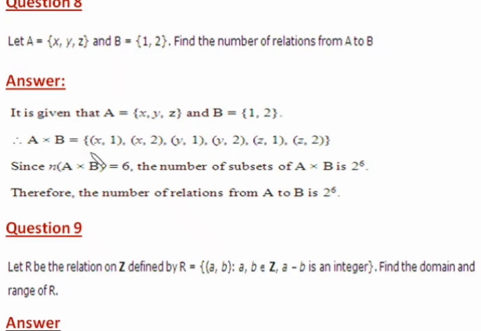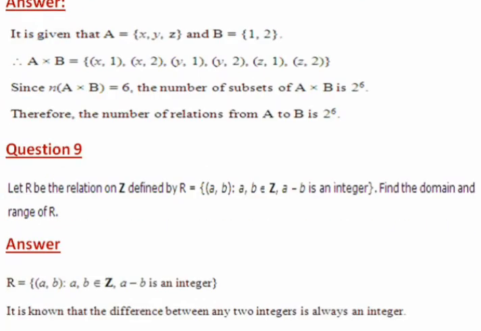The Cartesian product is (x,1), (x,2), (y,1), (y,2), (z,1), (z,2). How many elements are in the Cartesian product? That is 6. The number of subsets of the Cartesian product is the number of relations formed between A and B, that is 2 to the power 6.